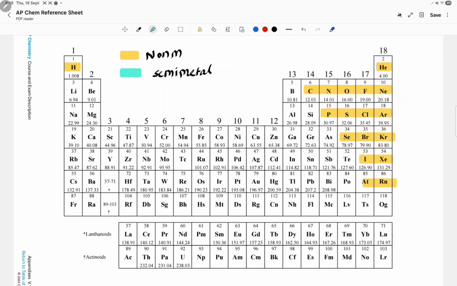Only a few of them will be that. So boron, silicon, Ge, As, Sb, Te will be semi-metals. And the rest that I have not highlighted will be metals. So the unhighlighted are metals.